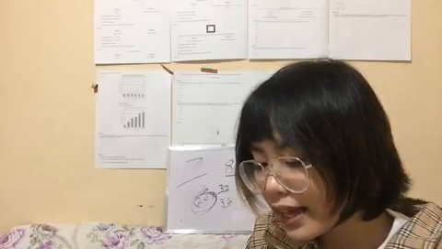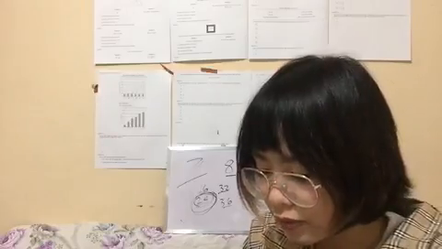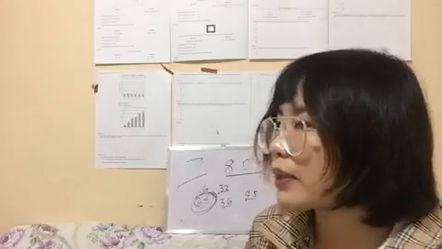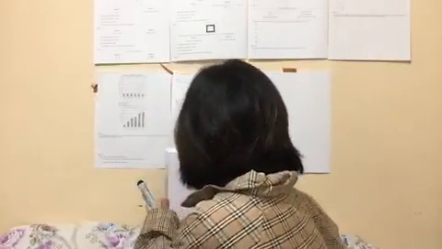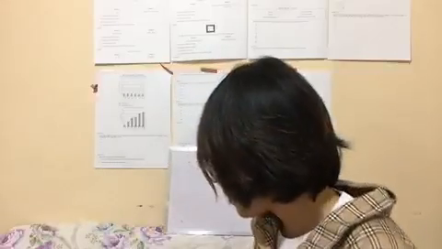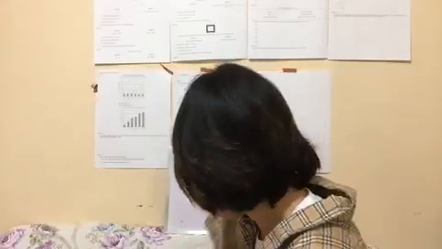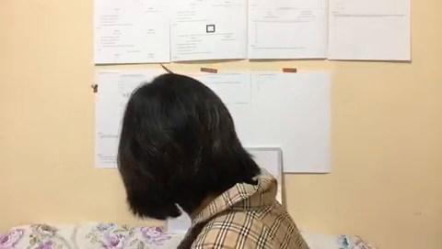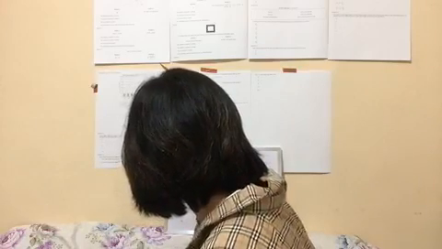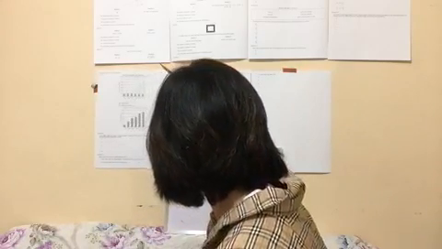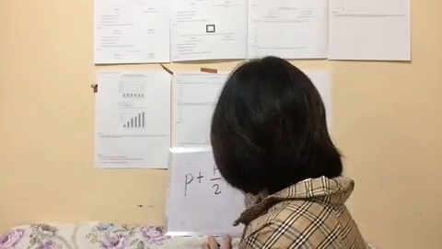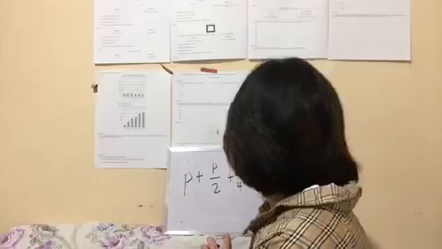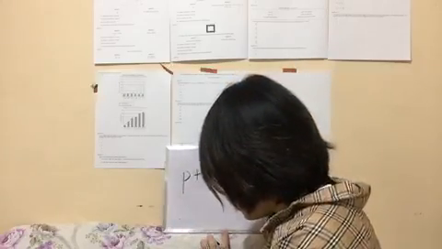So, we know that mutually exclusive means that they cannot happen at the same time. So if the probabilities of these three cannot happen at the same time, their additive value should be equal to 1.